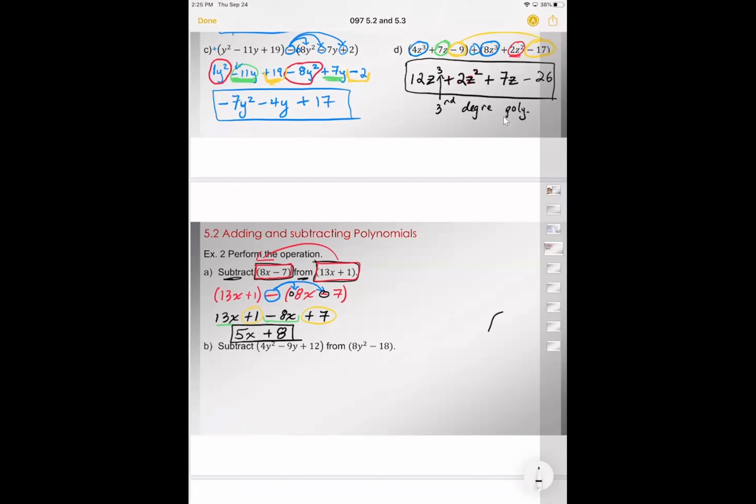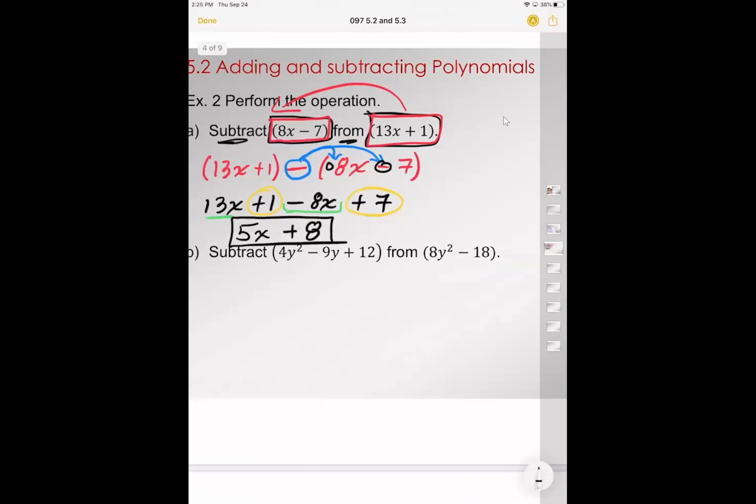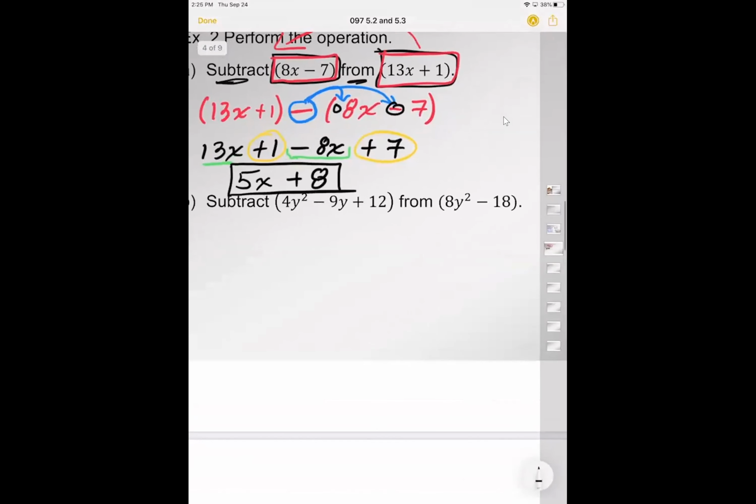And if you don't have the question in A, you can see that B is very identical, right? How identical? Well, the items are different, but this is what I have. My operation is subtraction.